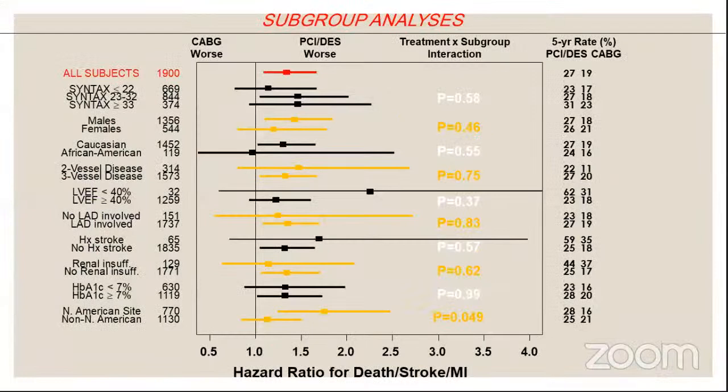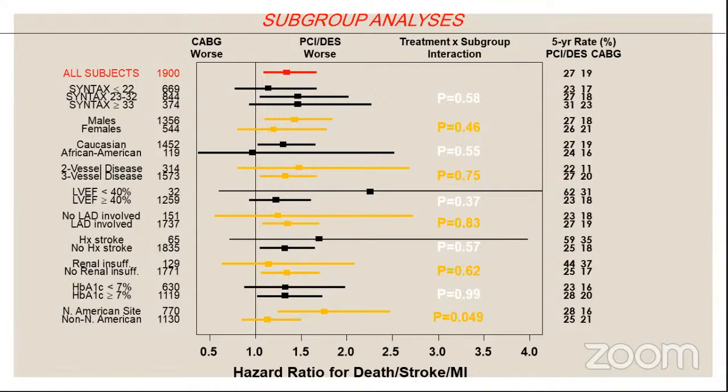Can you put it in presentation form, please? Okay, so what's the effect of gender on the outcome? Regarding the rates, we included almost 1,300 male patients and 544 female.